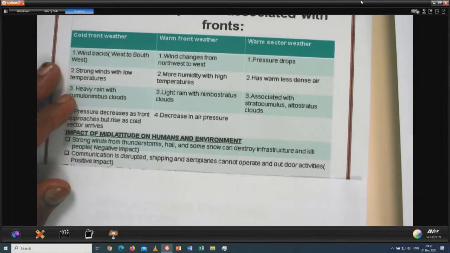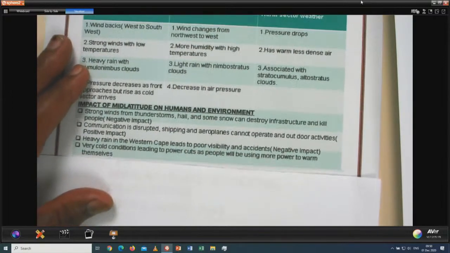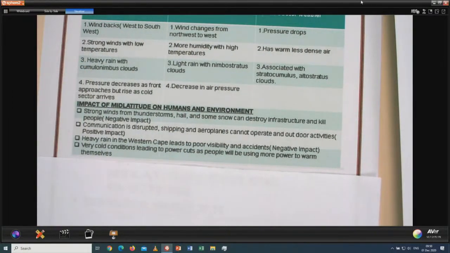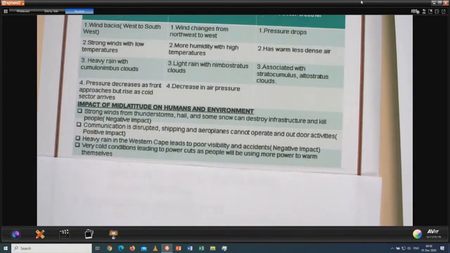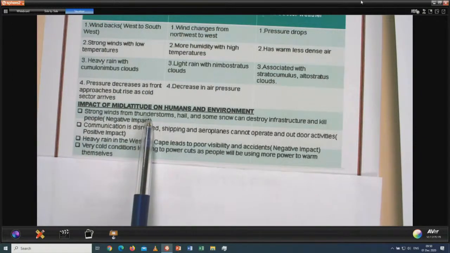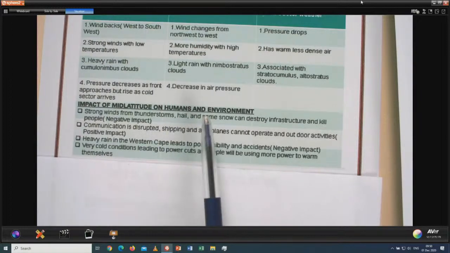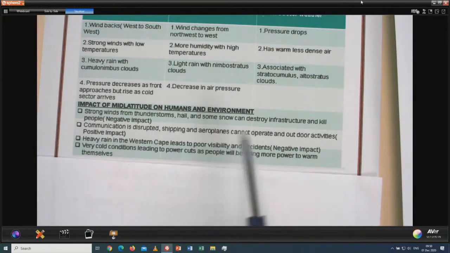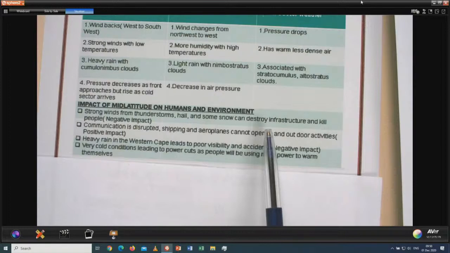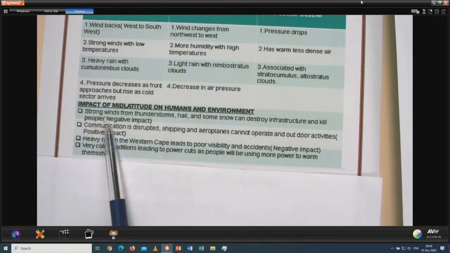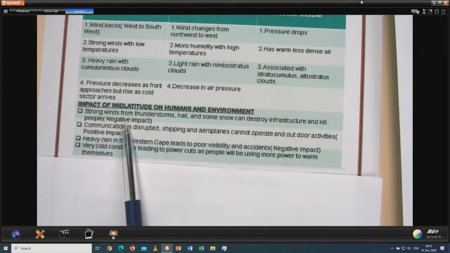Right, now let us look at the most important part, which is the impact of the mid-latitude cyclone, MLC, on humans and the environment. The first one: strong winds from thunderstorms, hail, and some snow can destroy infrastructure and kill people and animals. This is a negative impact.